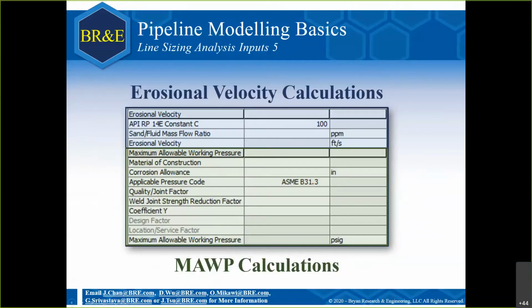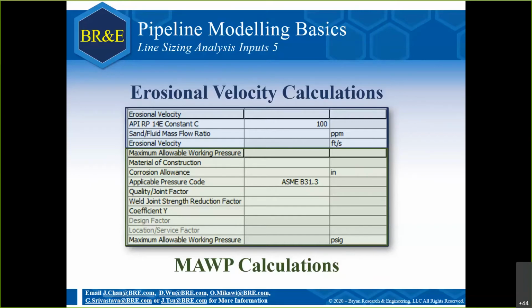And in addition to rating or sizing pipelines for their specific pressure drops, this analysis also does erosional velocity and maximum allowable working pressure calculations that will throw out warnings at you if any of these rules are broken, so that you know that you're not breaking any established design limits.